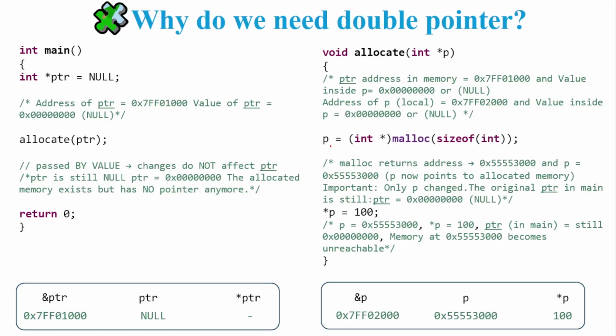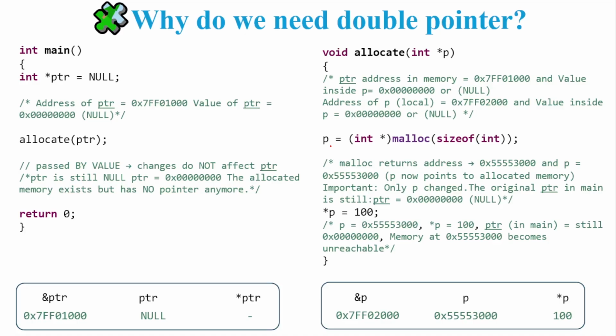All operations are then performed directly on the memory location that the pointer references. This approach eliminates unnecessary copying and guarantees that the updated value is accessible both inside and outside the function.